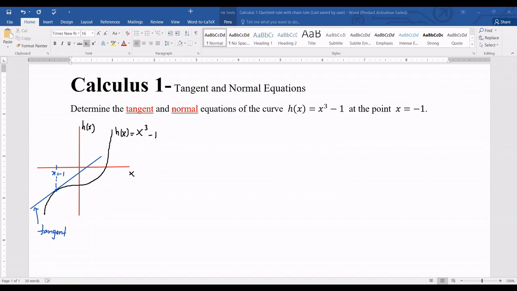So it will be crossing perpendicular to the tangent line. This will be 90 degrees. Now we can say that this is the normal line.